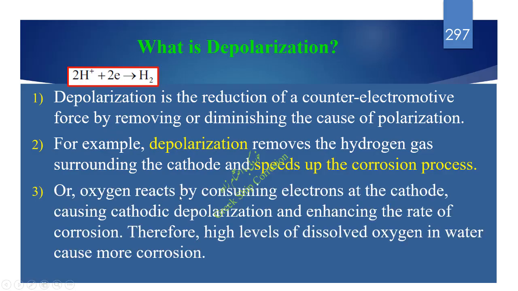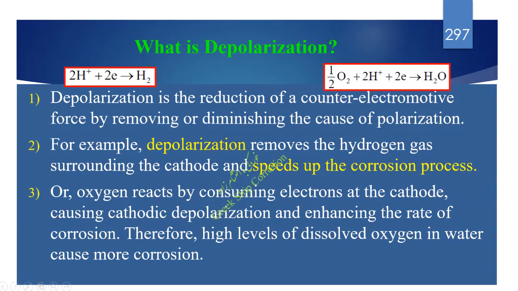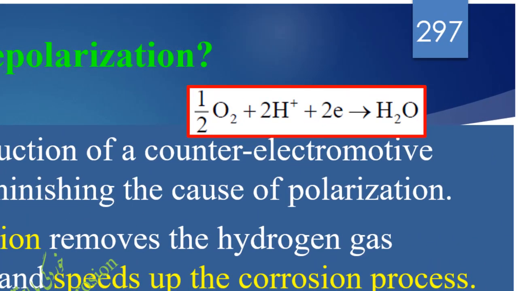Or oxygen reacts by consuming electrons at the cathode, causing cathodic depolarization and enhancing the rate of corrosion. Therefore, high levels of dissolved oxygen in water cause more corrosion: 1/2 O2 + 2H+ + 2e- yields H2O.